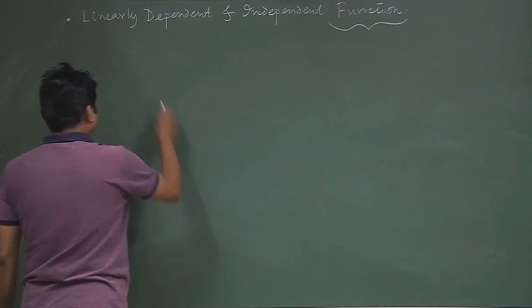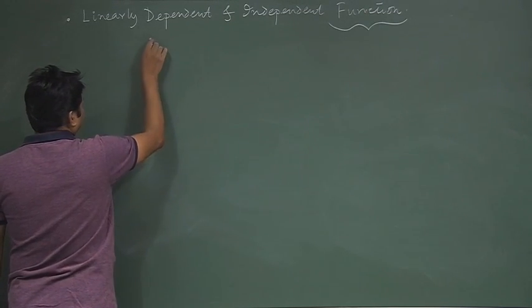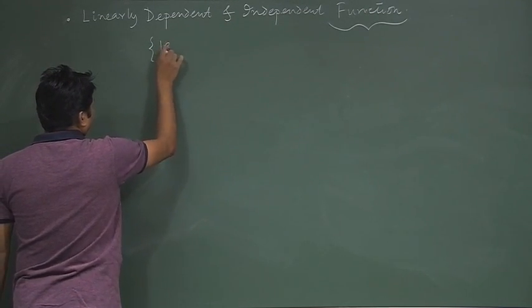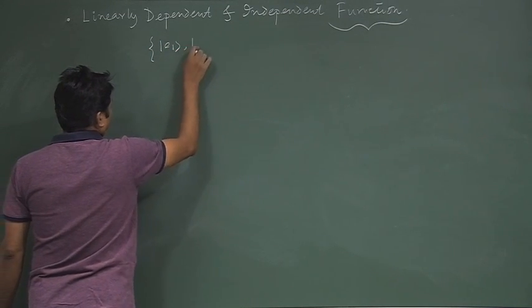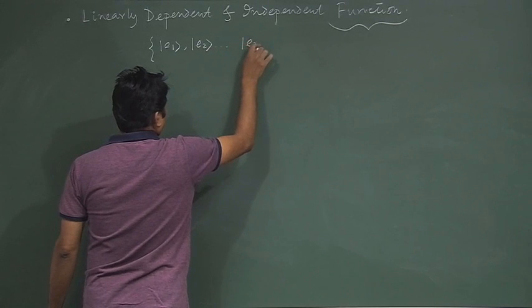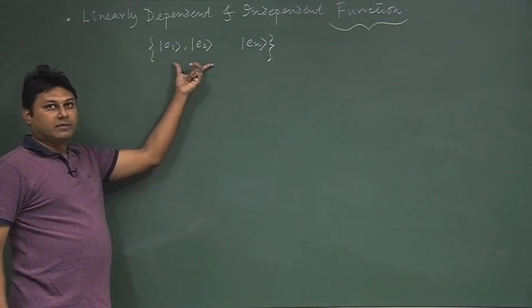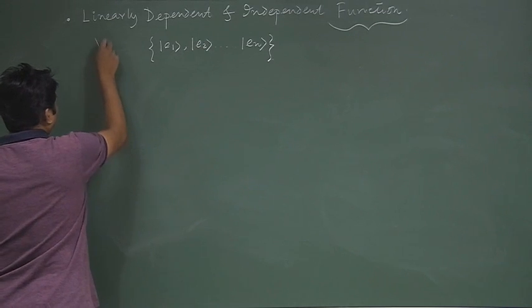What is the definition? For vectors, if you remember, let me start with the vectors E1, E2, En, a set of n vectors.